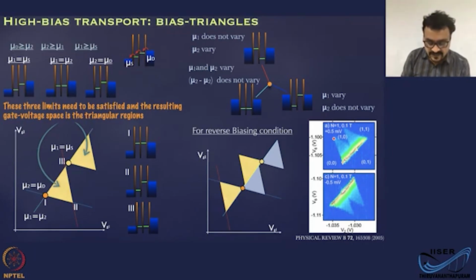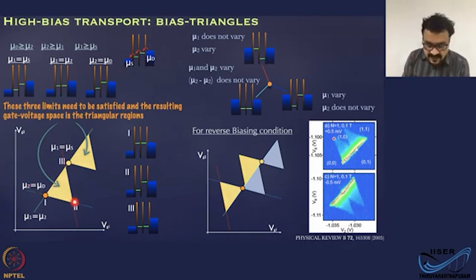So this blue line, that is mu2 equal to mu d, the area above this. The area below mu2 equal to mu d corresponds to the second dot level being above the drain side, because this is a more negative side for mu2, for VG2. That means this level goes above, then no transport is going to happen because that level is not available.